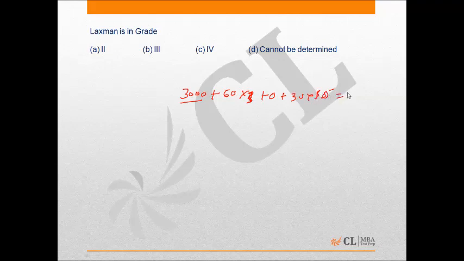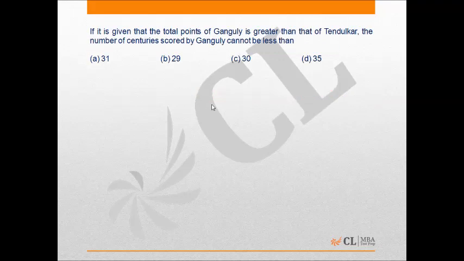From here we get his total maximum number of points as 4680, which is less than 5000. Therefore, no matter whatever the number of centuries he has scored, his grade will always be fourth, as his total maximum possible score is not more than 5000.